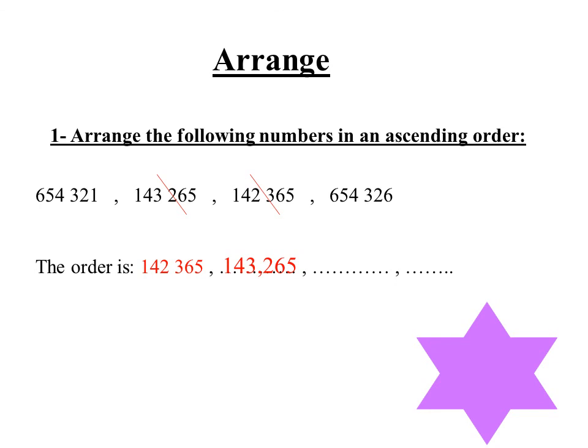Then the tens, 2 here and 2 there. And now in the units there is 1 in the first number and 6 in the last number. So sure, 654,321 is the smaller, and the last one will be 654,326.